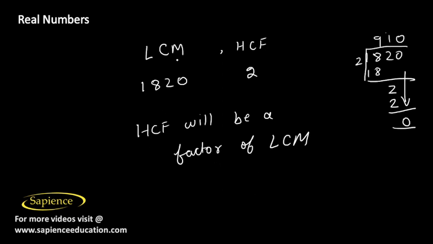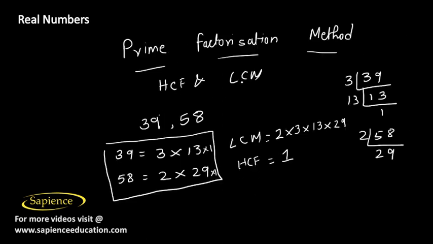But LCM and HCF can also be found out using the prime factorization method, where you write the numbers as their prime factors. For finding the LCM, you need to write down all the prime factors which are present, with the greatest power for each of the prime factors.